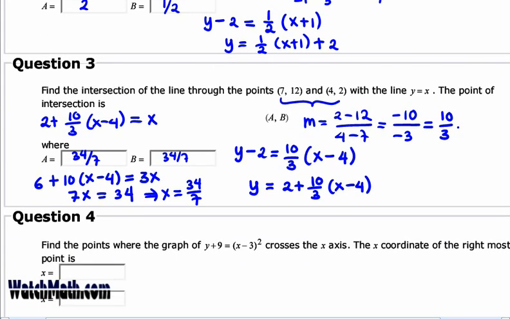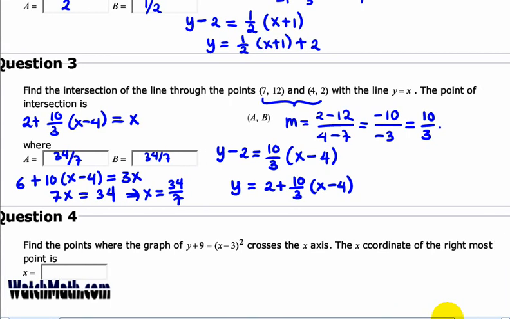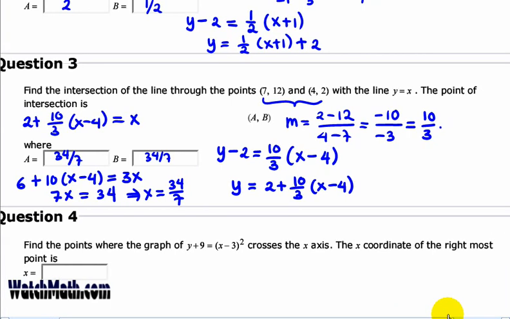Okay, the next problem, question number 4. Find the points where the graph crosses the x-axis. Crossing the x-axis means that the y coordinate is equal to 0. So what we need to do is substitute y equals 0 there.